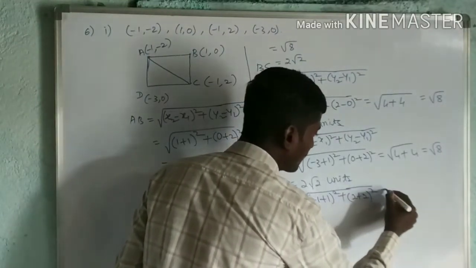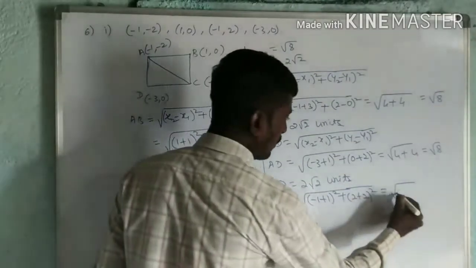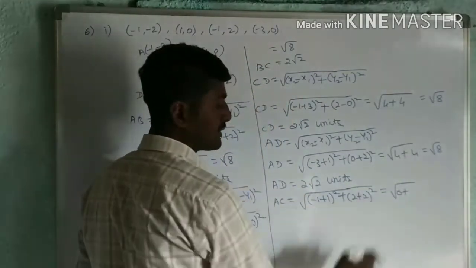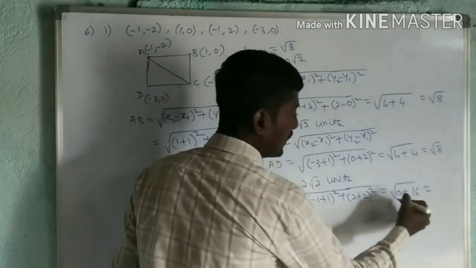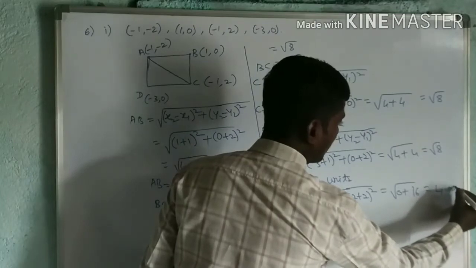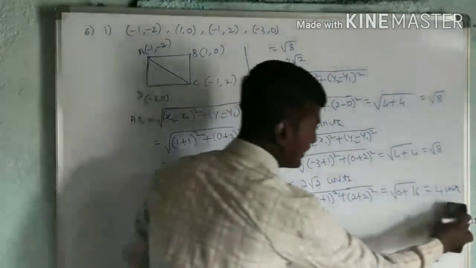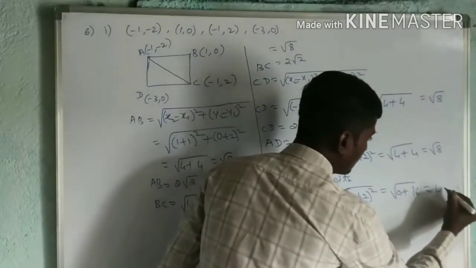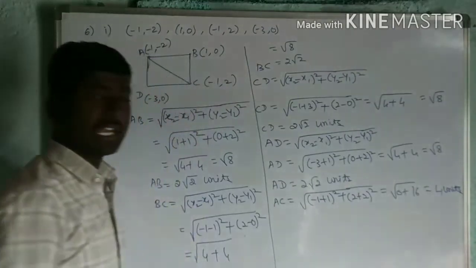Am I right? This equals the square root of 0 plus 4 square, which is 16. Root of 16 is 4 units. So AC diagonal I got, 4 units.